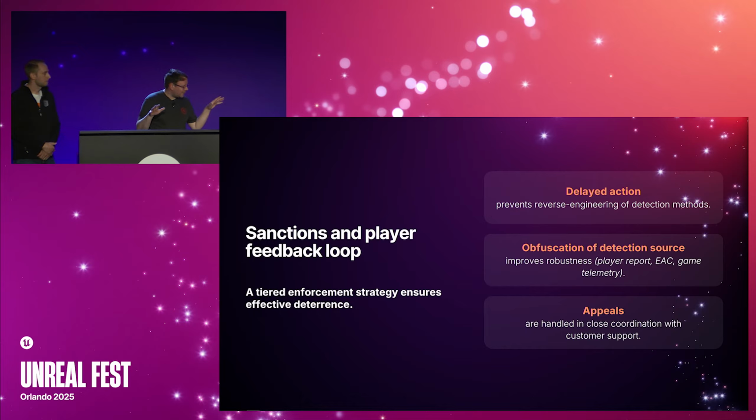So this is how we try to obfuscate, on a psychological level, how we detect and then sanction. We also have a closed loop with our customer service team. Whenever someone appeals, these appeals are reviewed, and 90% of the time it's usually the little brother who did the cheating. This ensures that we don't have any false positives, or that we can correct any mistakes we have made.